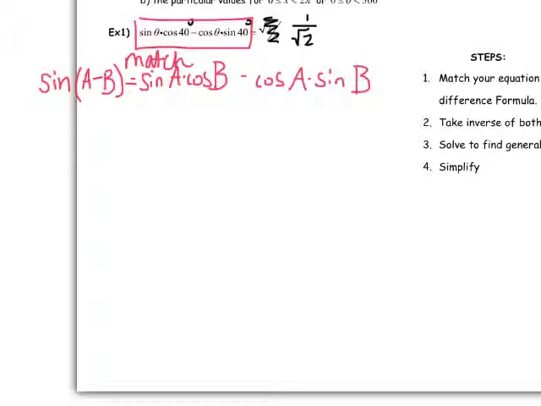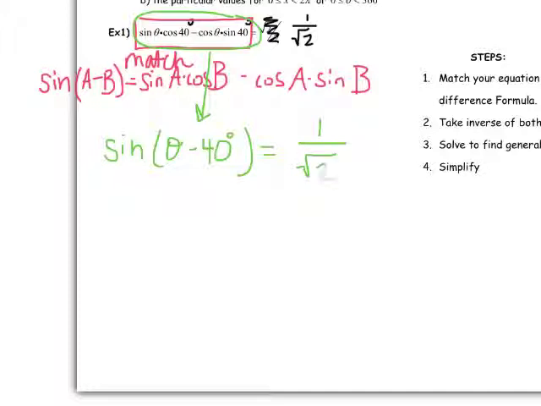And then lastly, sine 40, sine B, again noting that the B, the 40, matches. So I could say all of this is sine of A minus B, where A is the theta and B is the 40. So all of this is going to become sine theta minus 40. And I'm going to put degrees there. Okay, so I'm just rewriting that left-hand side as sine theta minus 40. I'm going to set that equal to 1 over root 2.